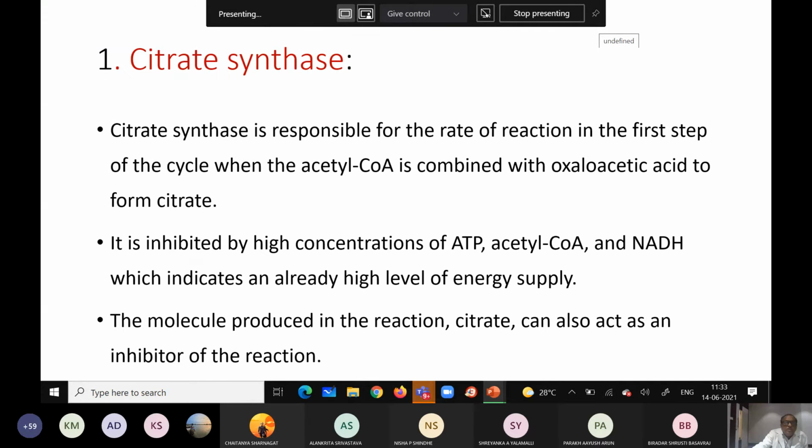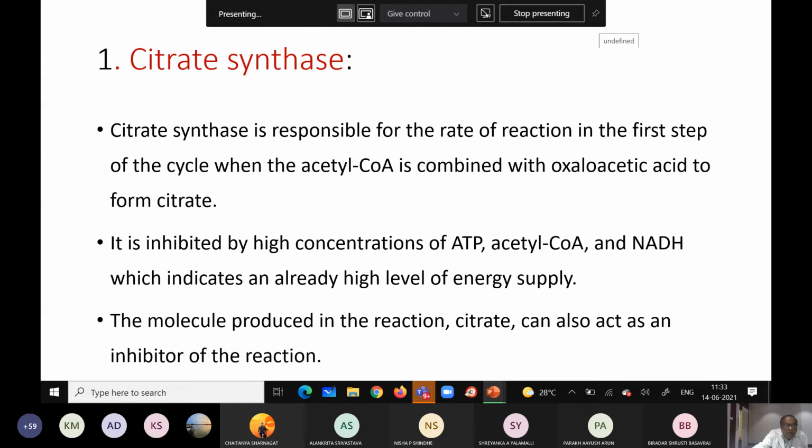So the first one is citrate synthase. It is responsible for the rate of reaction in the first step. When acetyl CoA is combined with oxaloacetate to form citrate, it is inhibited by a high concentration of ATP, acetyl CoA and NADH, which already indicates the presence of a high amount of energy.